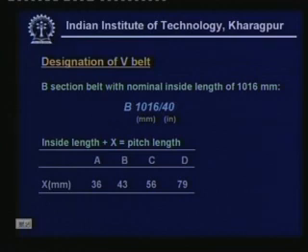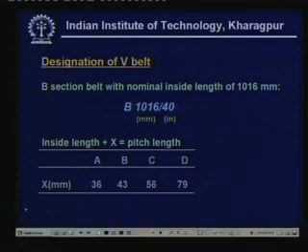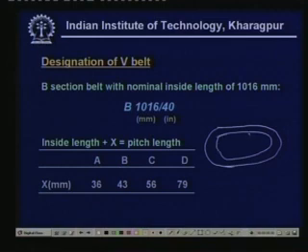Next, we talked about the designation of V belt, how we consider this. If we have a belt length like this, then this is the inside length and this is the pitch length.